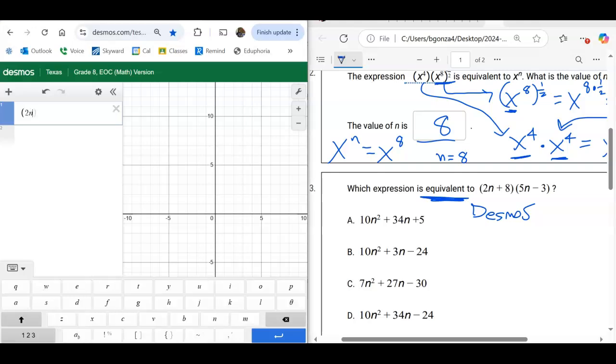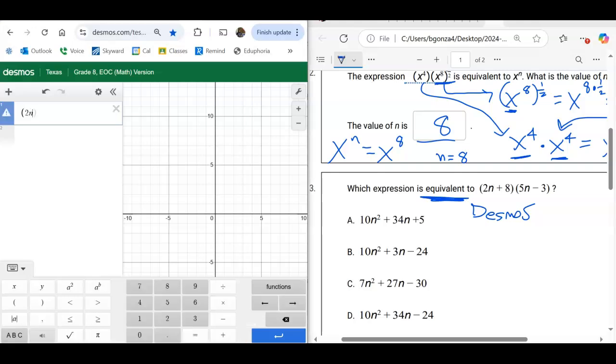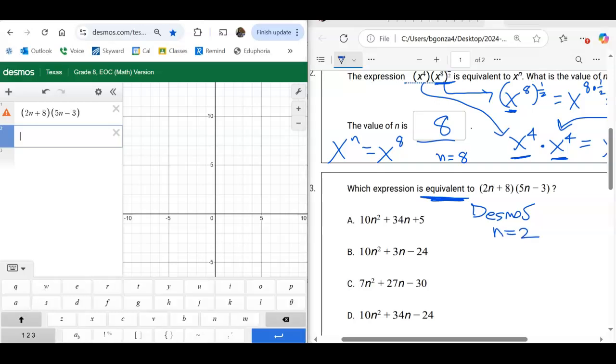We got 2n plus 8, and then 5n minus 3, and then you can set n equal to 2 or some value.